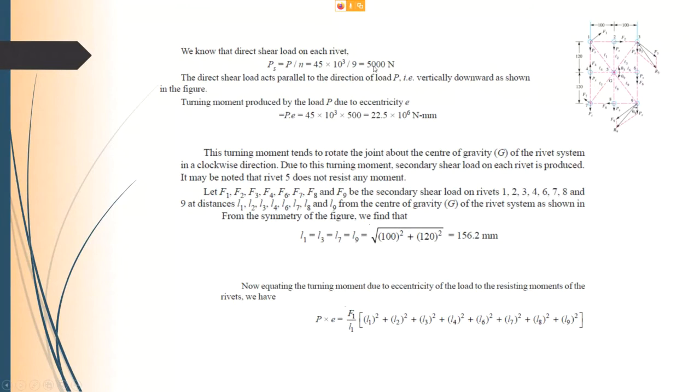So altogether you have 5 kilonewton each, 45 kilonewton. So you have 5 kilonewton each, or 5,000 newton.